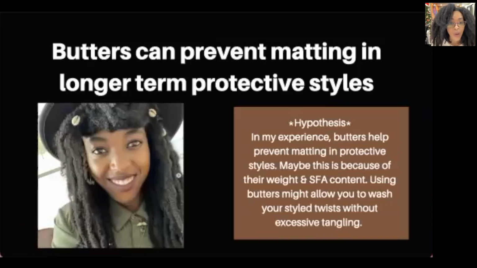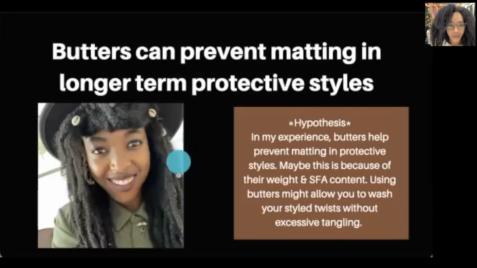In my experience as well, butters help to prevent matting in my protective styles. So here you can see me sporting my Lilian Okibe temporary locks. So these are made just by loosely plaiting your hair. And I wore these for 5 or 6 weeks, but my hair did not lock.